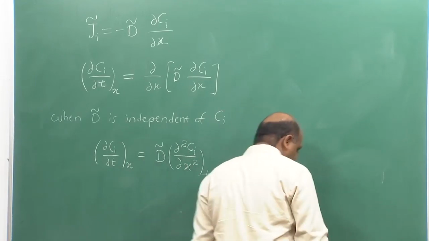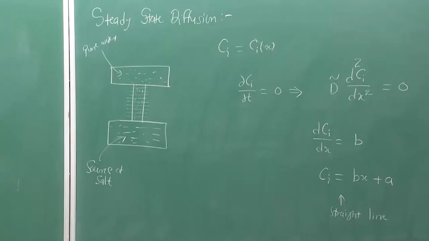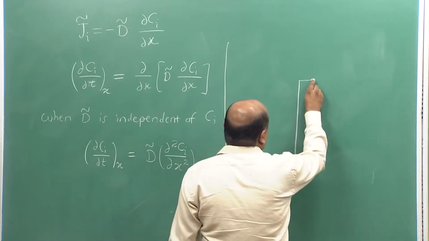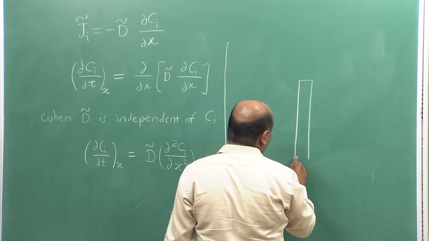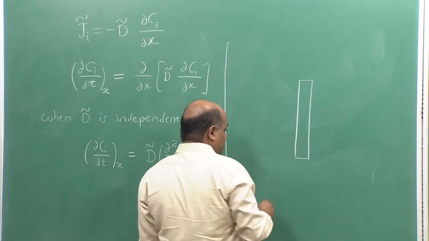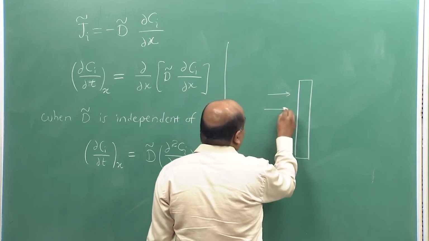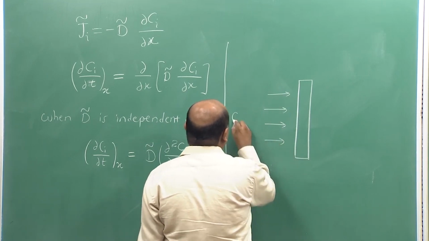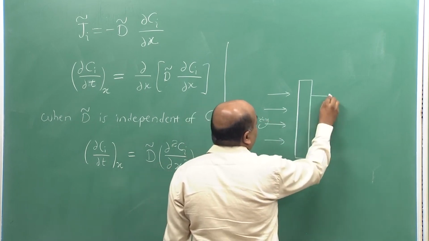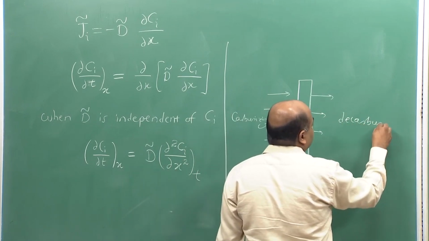Another example of steady state I can give here is, consider a thin slab of steel, low carbon steel, which is subjected to continuous carburizing on one side and decarburizing on the other side.